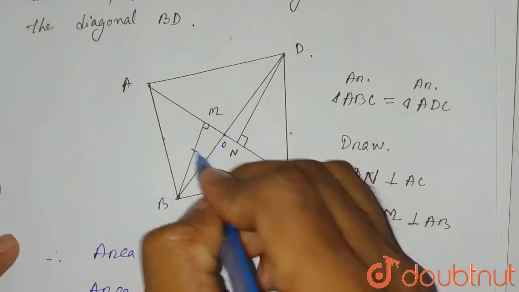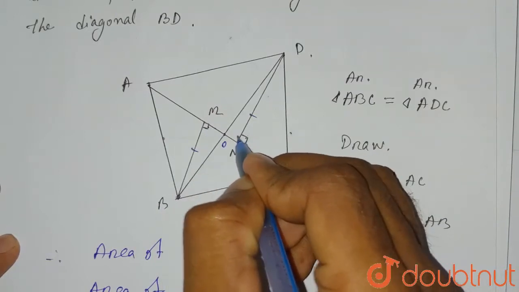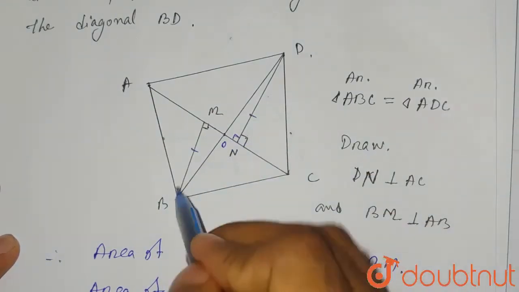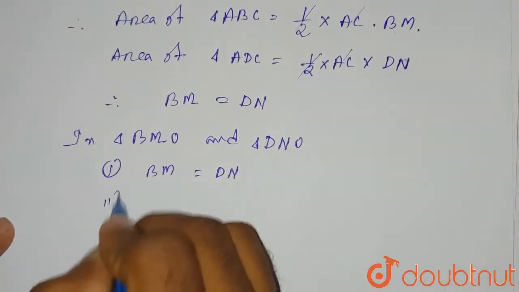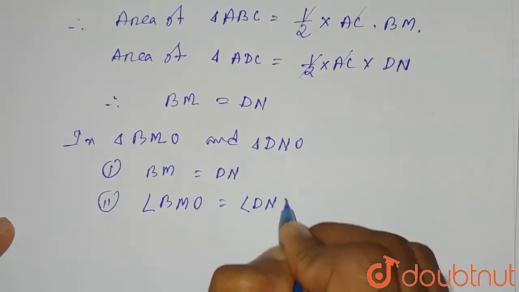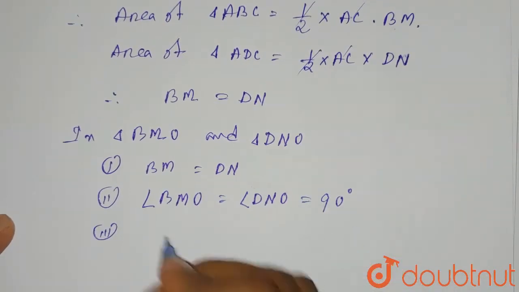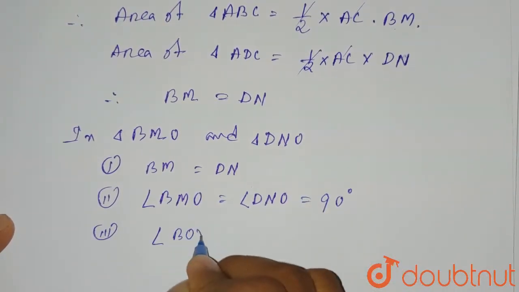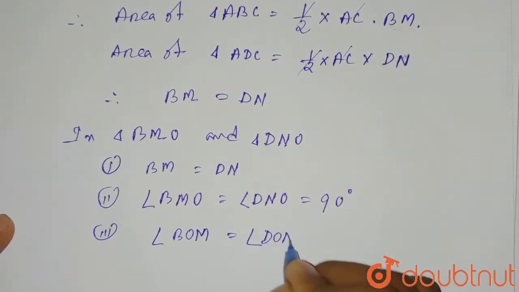That means this side and this side are equal. Secondly, angle BMO equals angle DNO equals 90 degrees, as we have drawn it. And the third thing we get is angle BOM equals angle DON.